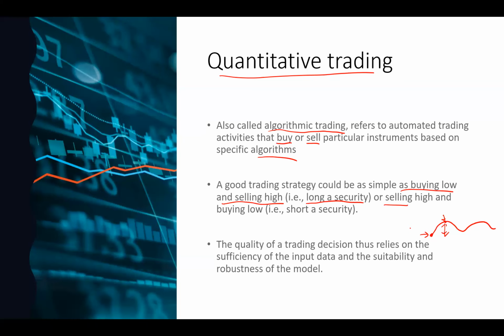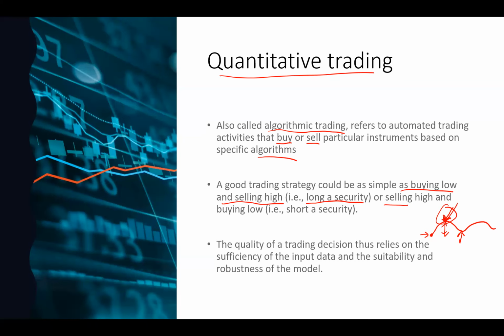So how do I make money by selling assets? For example, I purchase here and then sell it. Sorry, it should be the other way around. I sell it at this point and then purchase it back. This is called shorting, because at this point I don't have any security yet, but I can borrow it from someone else, at this price.